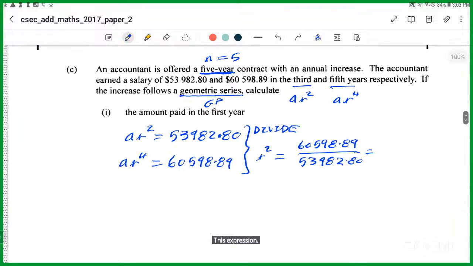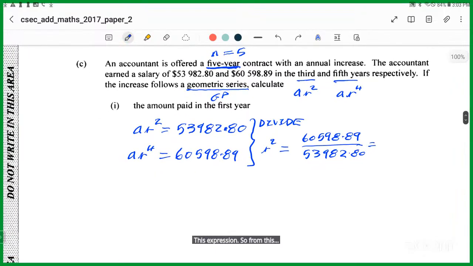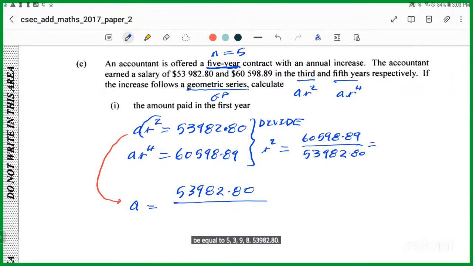From this equation right here, because it's the a that I want, the first term, the a will be equal to 53982.8 divided by r squared, which is this.